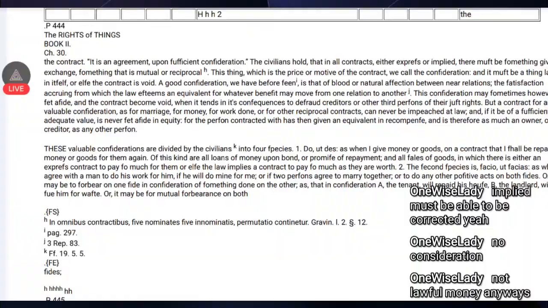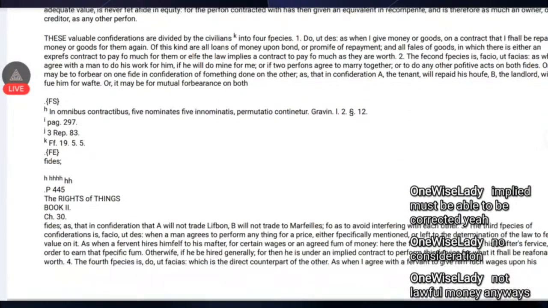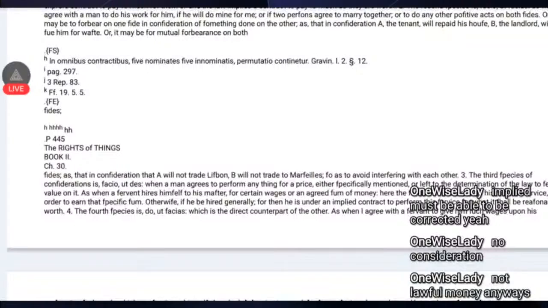Or it may be for mutual consideration that A will not trade to Lisbon, B will not trade to Marseille, so as to avoid interfering with each other.